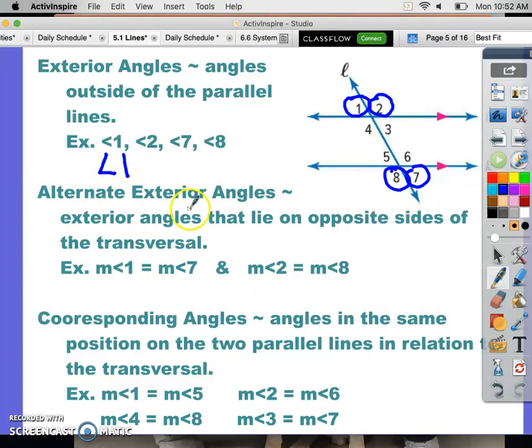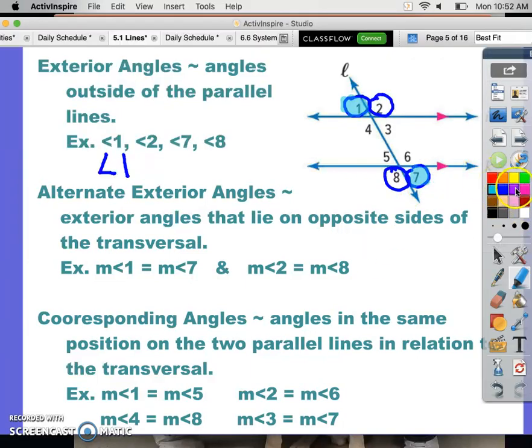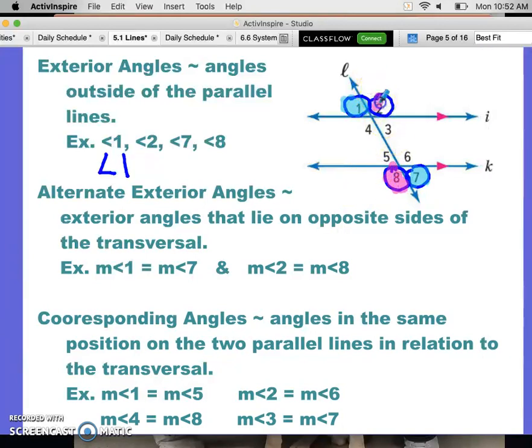Then we have alternate exterior angles. So exterior angles that lie on the opposite side of the transversal. So 7 and 1, those two would be a pair of alternate exterior angles. Alternate means opposite sides, and exterior on the outside of the parallel lines. Then we would have another pair. Let's do pink. So we have 8 and 2.